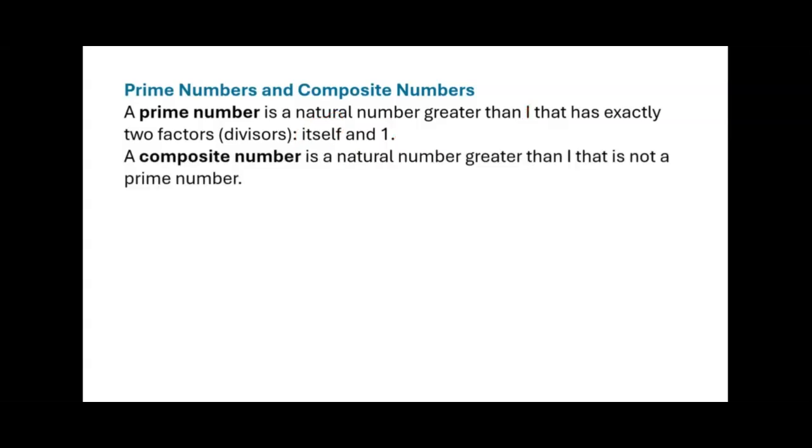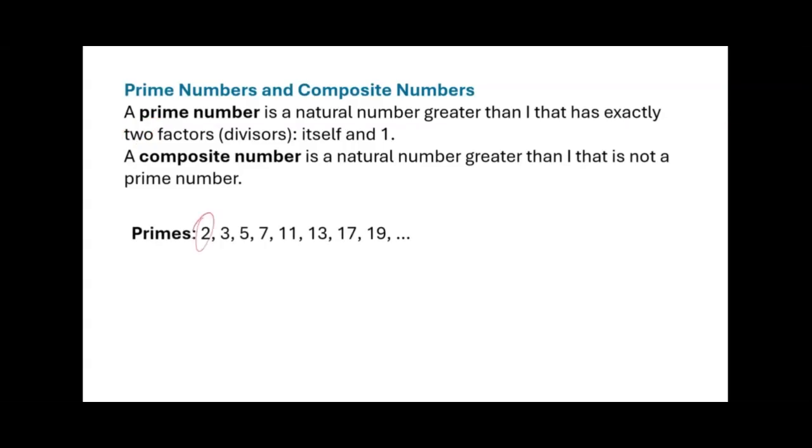A composite number is a natural number greater than 1 that is not a prime number. So those numbers that don't have exactly 2 divisors, that have 3, 4, 5, 6, 7, any amount bigger than 2, are going to be composite numbers.